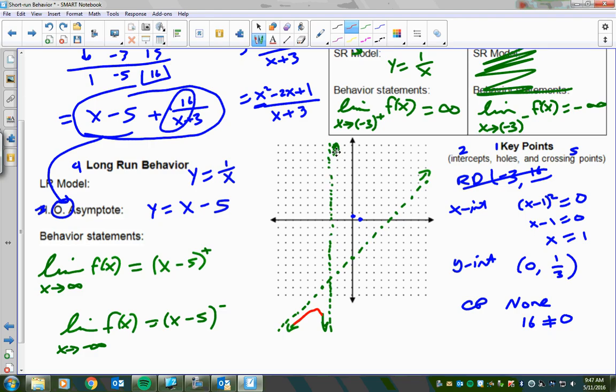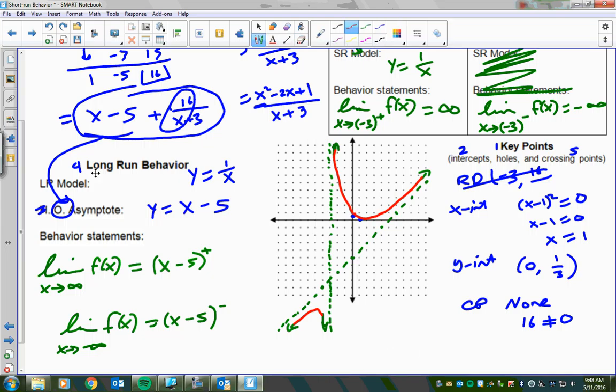We know it will just touch. How do we know that? Look, if it was going to cross here and come back, wouldn't it have another x-intercept? And it doesn't. It only has one x-intercept, so it doesn't cross.